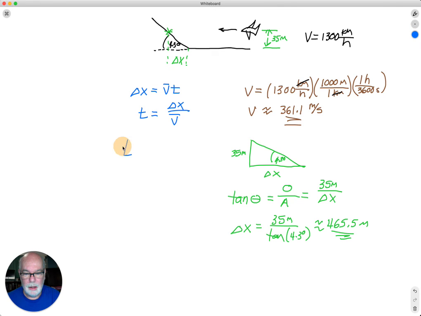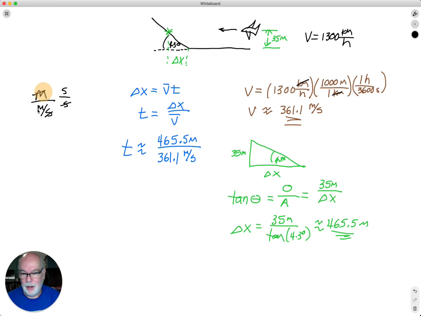So the time is approximately equal to 465.5 meters divided by 361.1 meters per second. So let's take a quick pause and look at the units. In this particular case, I've got meters over meters per second. So if I multiply the top and the bottom of this by seconds over seconds, you can see that these will divide out.